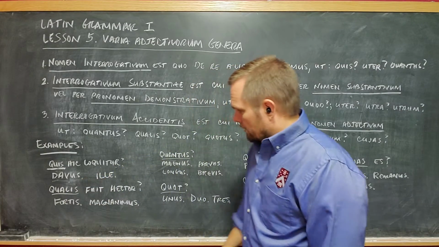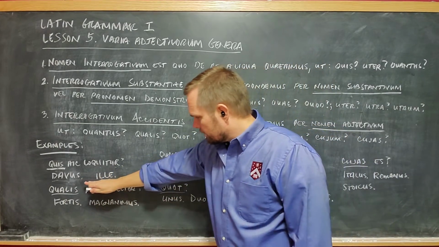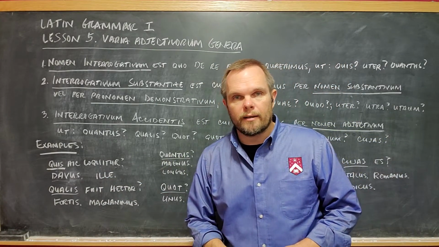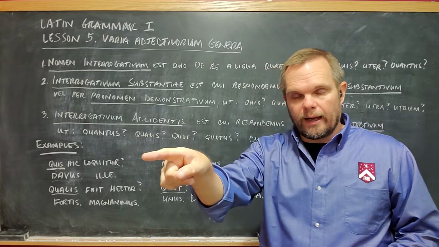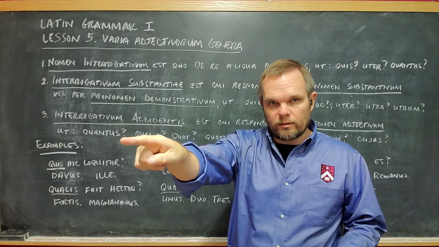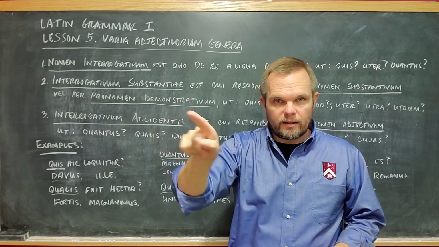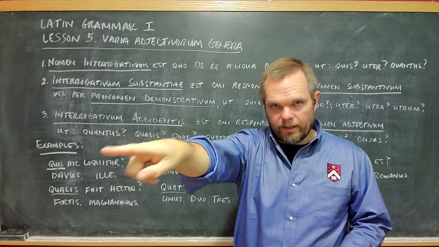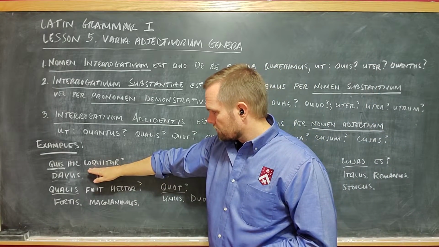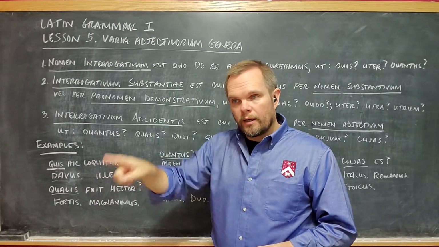Okay? The second response that Alvarez gives us is the demonstrative pronoun ille, which means he or that. It means he, but the idea is that you're referring to someone over there. He, ille, that man. So who said this? Quis hic loquitur? Ille.